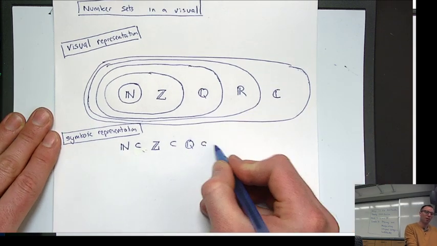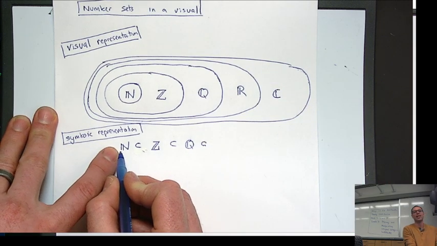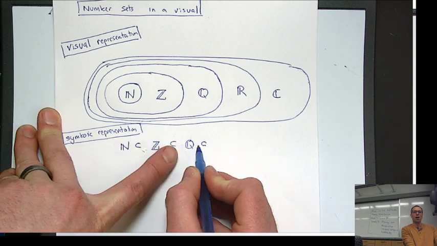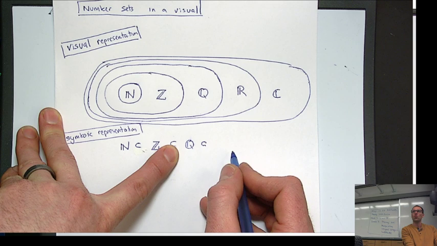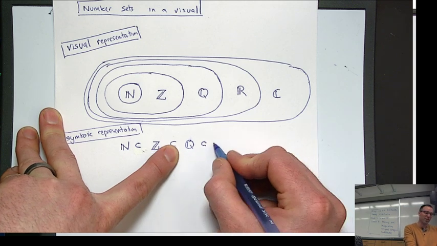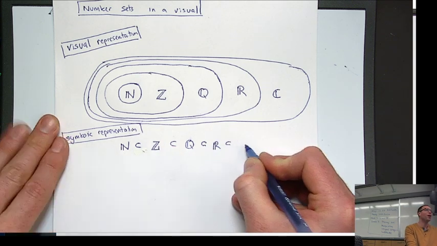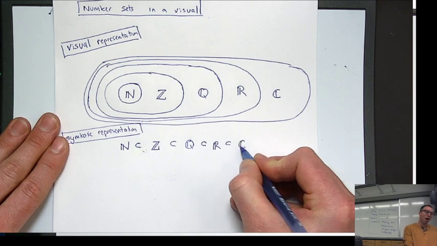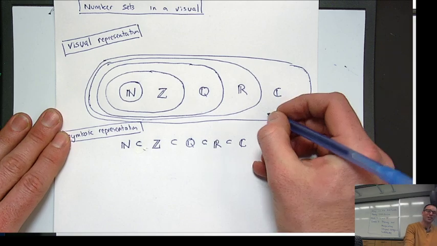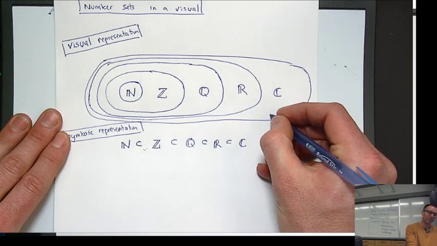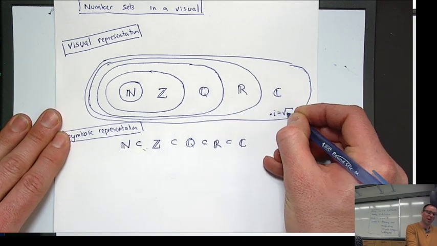The chain of inequalities, or what we might say subset inclusions, rational numbers are included in the real numbers, and real numbers are included in the complex numbers. But for sure there's stuff in the complex, not in the real. What's in the complex and not in the real? At least one, right?